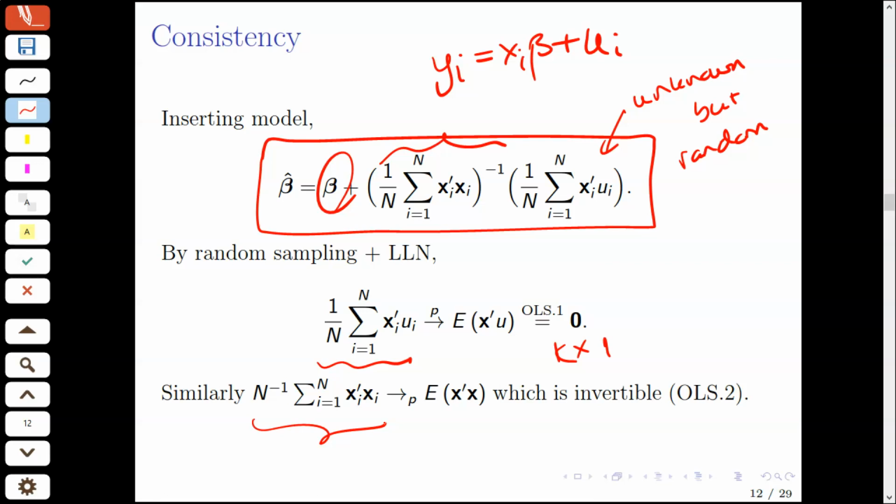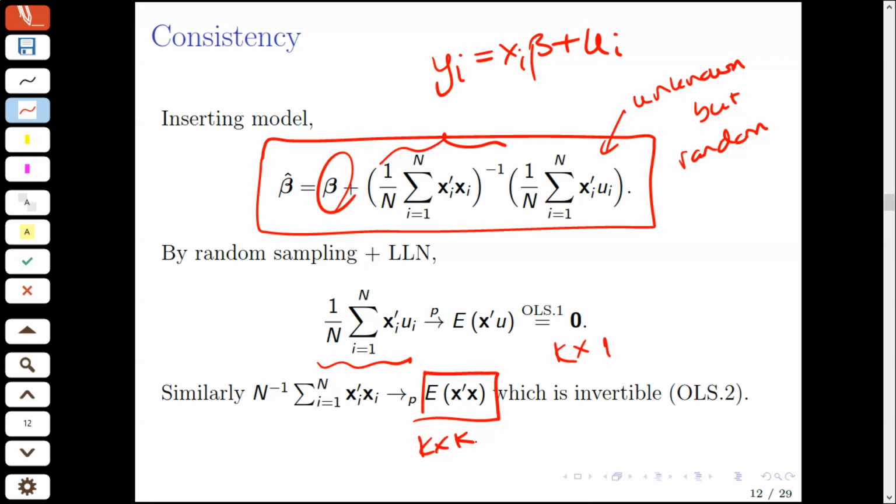Hence, it's not really necessary to keep track of what distribution we're talking about, because they all come from the same. Now, what's important here is that the limit matrix, again, this is k by k, is invertible by our second OLS assumption, OLS 2.